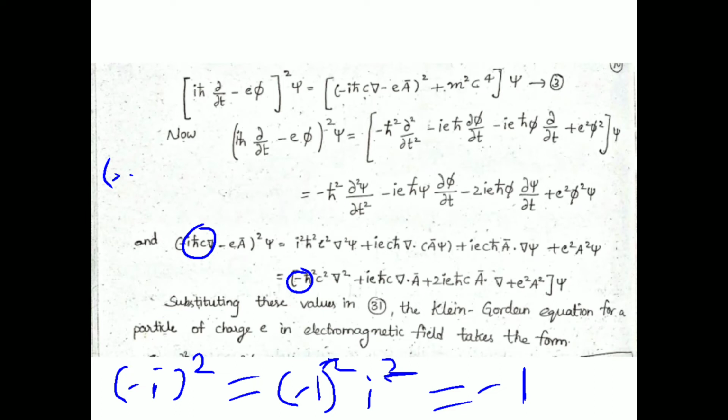So that is the minus here. Especially while doing minus I square, confusion arises. And next I square and h cut square, c square, del square, they are all the same. And next this term into this term we would get, as mentioned here, I h cut the divergence of a xi, and next a into divergence of xi.